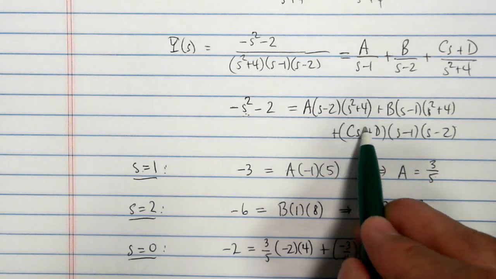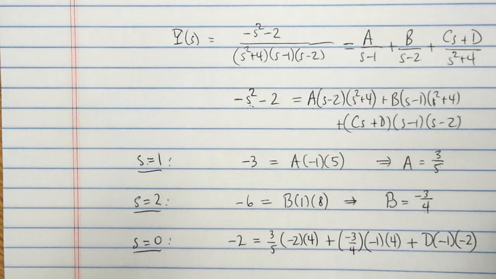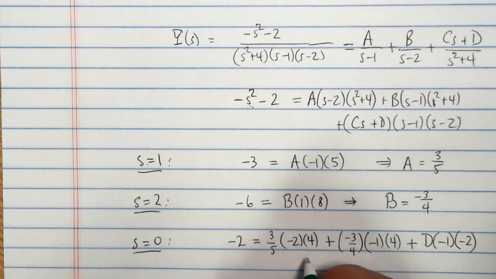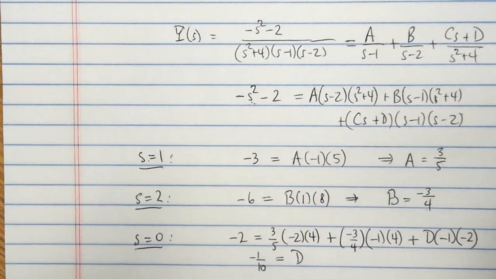If s is 0, that goes away. That leaves me with D times negative 1 times negative 2. And so now I have basically a long algebra problem to solve for D, and it works out that D is equal to negative 1/10, doing the algebra.